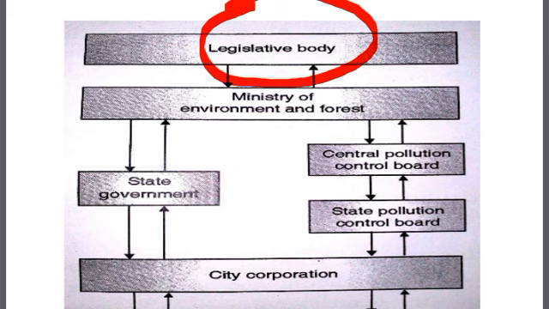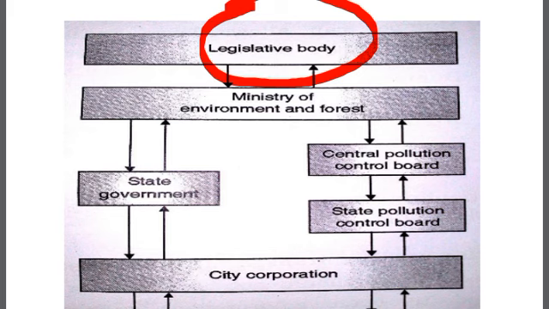What is the function of this legislative body? The function of the legislative body is that it creates legislation, policies to manage the municipal solid waste. This is the main function of the legislative body. I repeat this statement again.